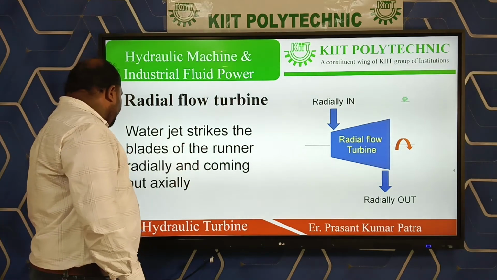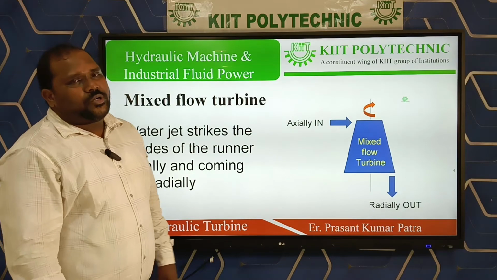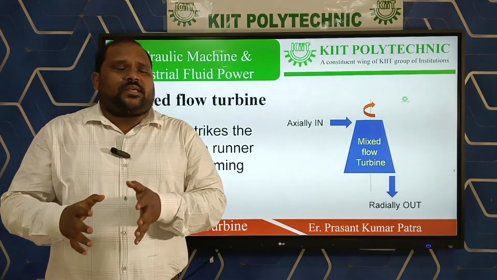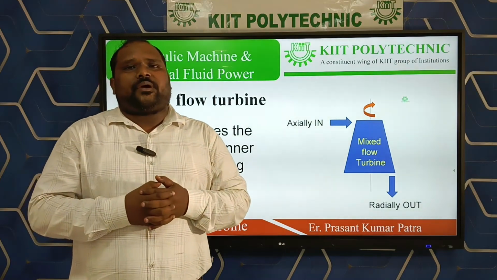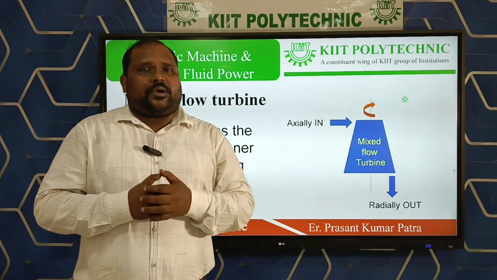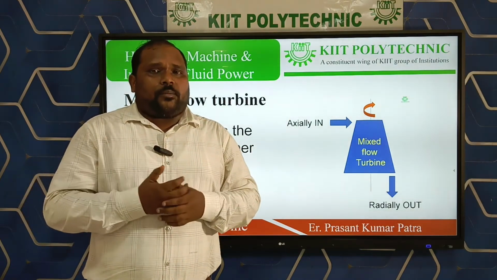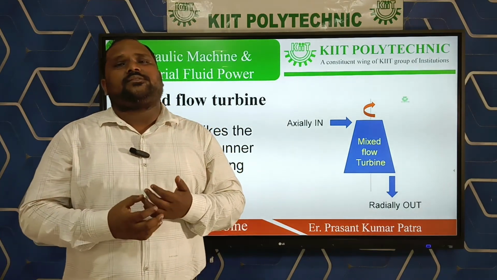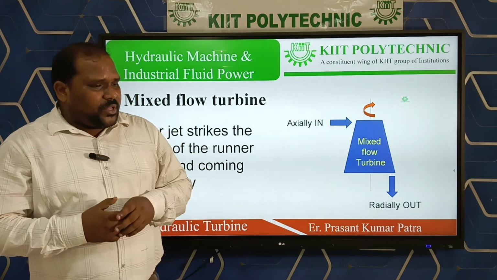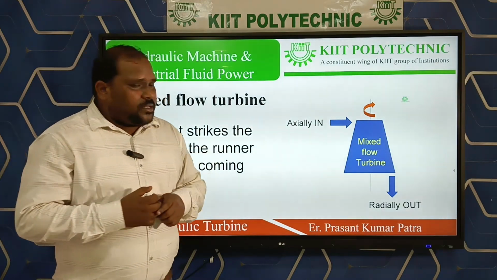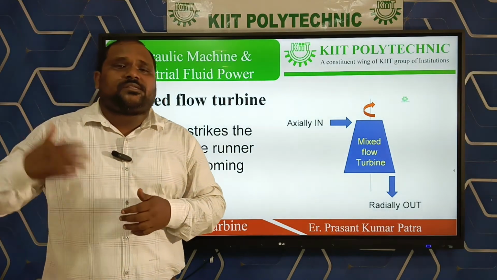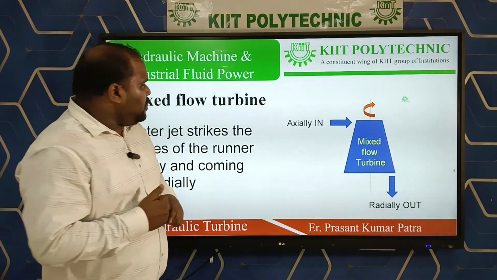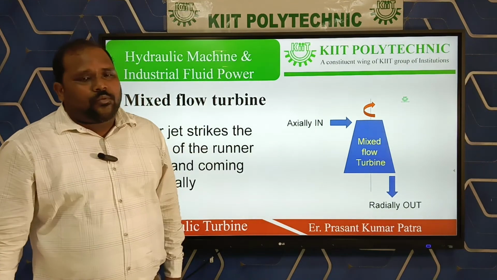And the last one is known as the mixed flow turbine. Initially, the radial flow turbines were there. The best example of radial flow turbine was the Francis turbine, but due to some problem that was modified, and the modified version of that Francis turbine has come, and that one is known as the modern Francis turbine. That modern Francis turbine utilizes the mixed flow of water.